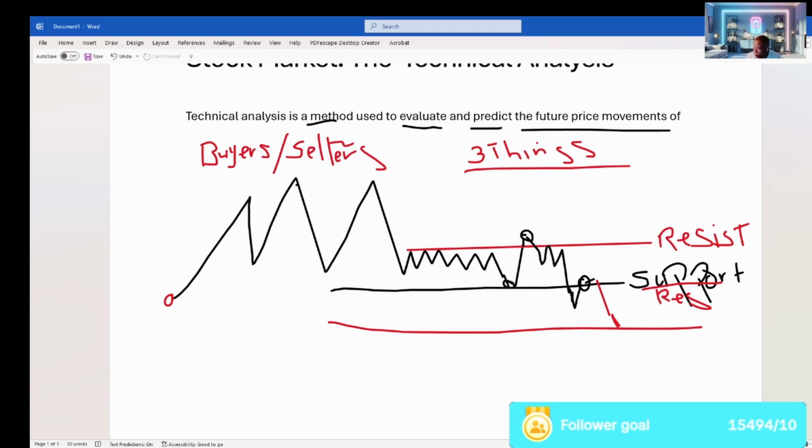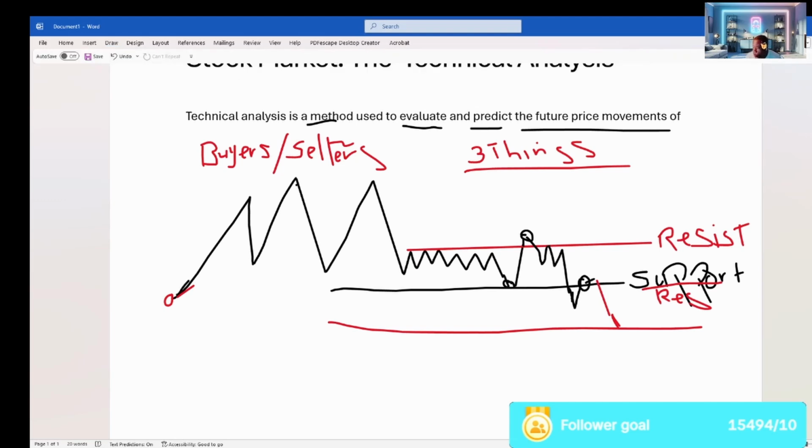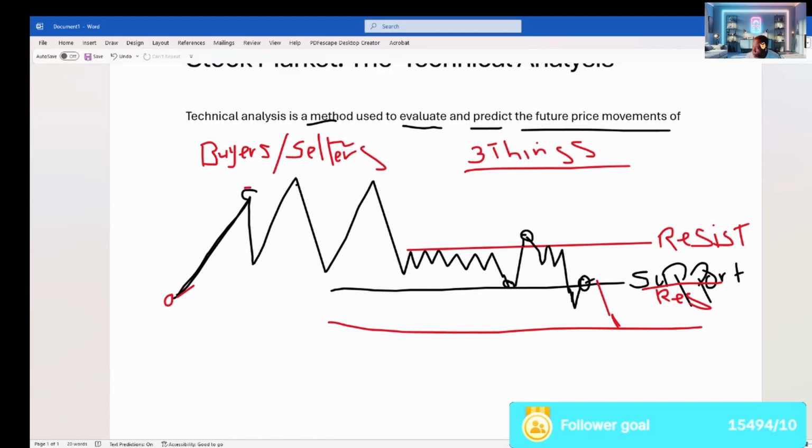The buyers push the price up, just going very slow for a beginner, and then the sellers push it down.